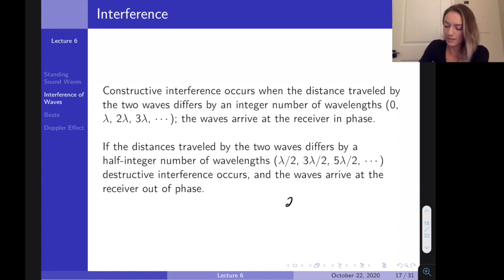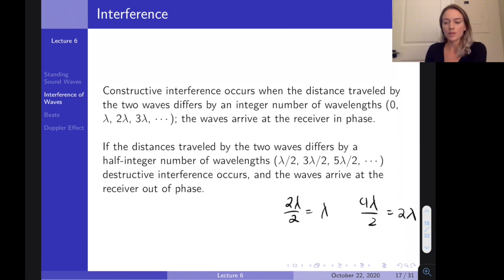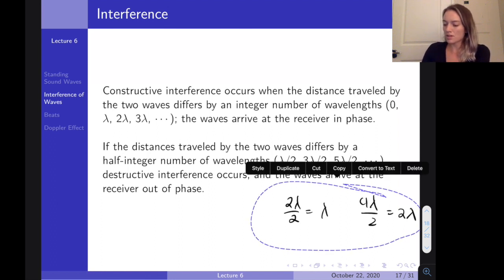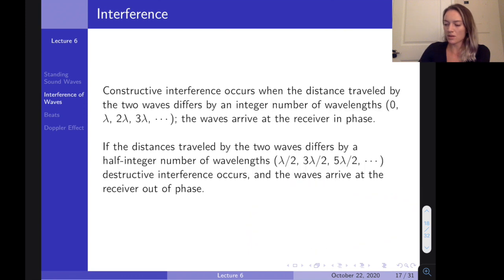Because if we had 2 lambda over 2, well, this is just equal to lambda, and we would get constructive interference. Same if we had 4 lambda over 2. That would just give us a difference of 2 lambda, and that again would be constructive interference. So we want this half integer difference here. So they will interfere destructively and cancel out to 0 when the path difference is this much.